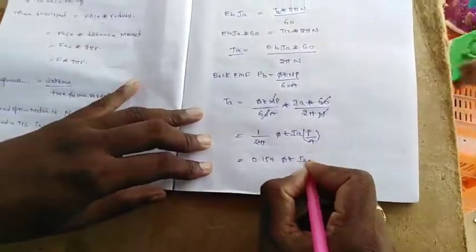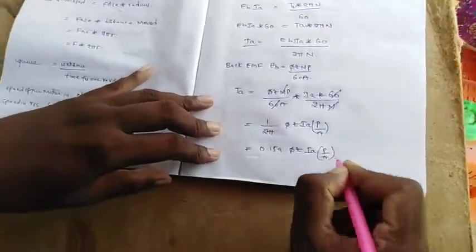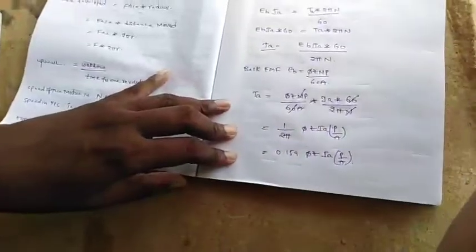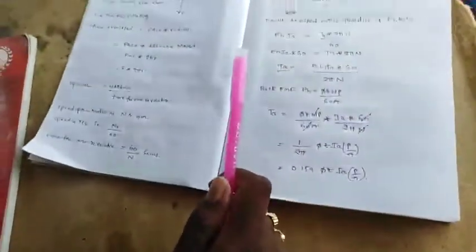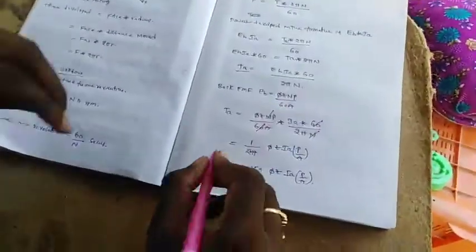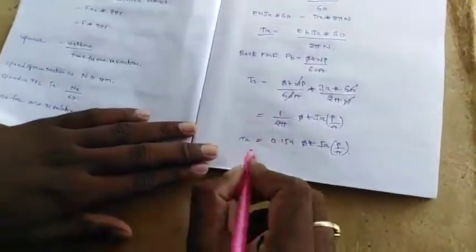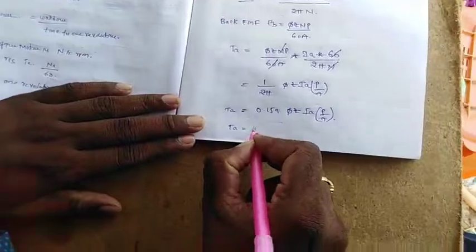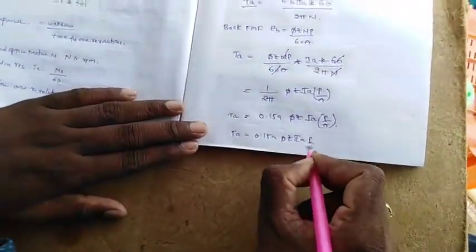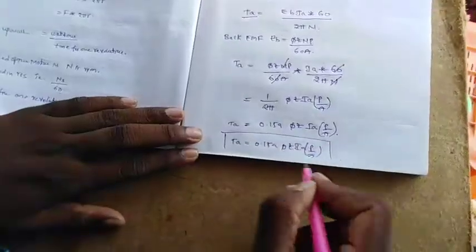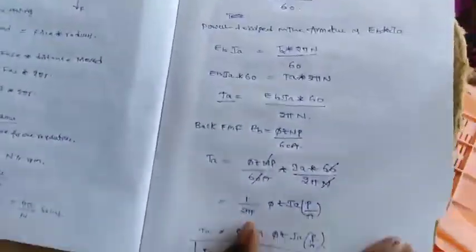Torque equals 0.159 pi Z IA into P by A. That is the torque equation of the armature. This is the formula for torque.